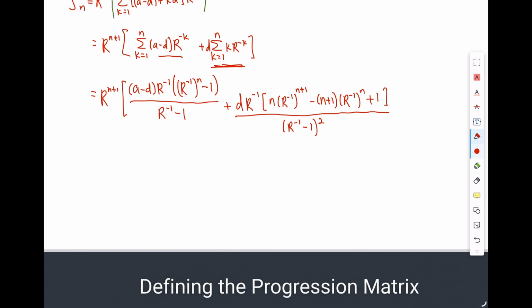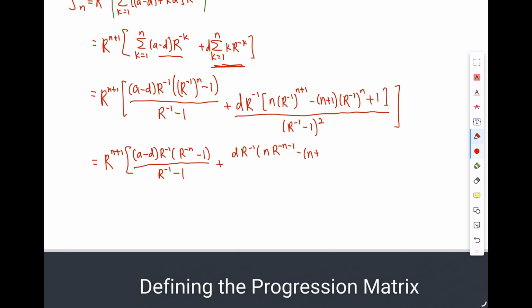So if we were to put things in nicely, I will just copy down everything and rewrite it slightly. R power negative n minus 1 over r minus 1, plus d r power negative 1 and (r power negative 1)(n minus 1) minus (n plus 1) r power negative (n plus 1), divided by r power negative 1 minus 1, whole thing squared.